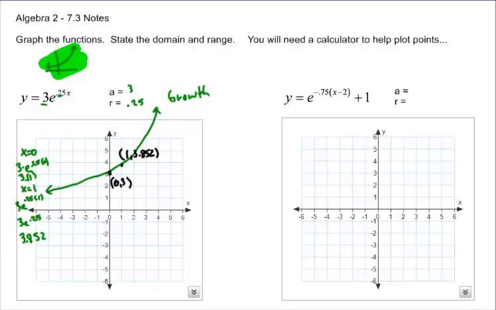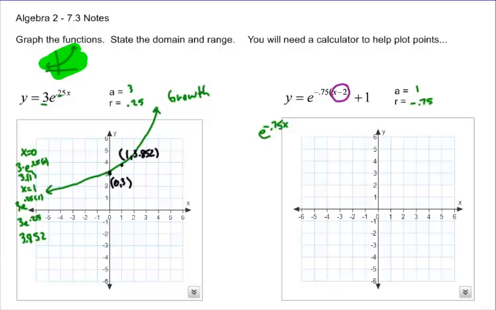Alright, then on the other side, I'm looking at a is 1, but now r is -0.75. So what I'm going to do is graph e to the -0.75x. And then notice that I'm subtracting a 2 here. Well, this is going to move me just like it did with the other functions that we've talked about.